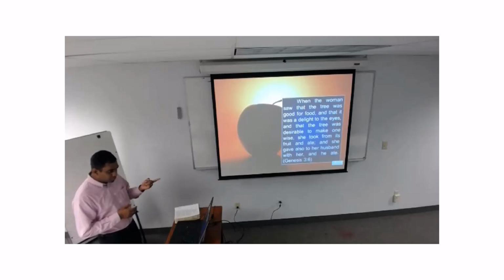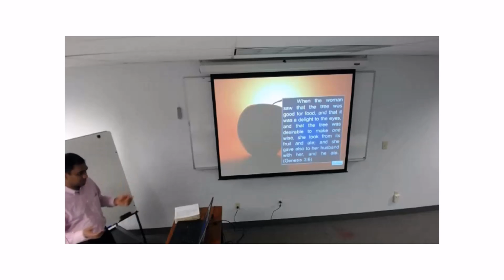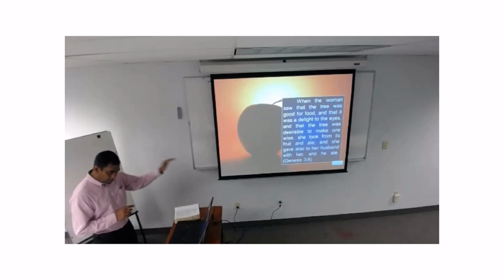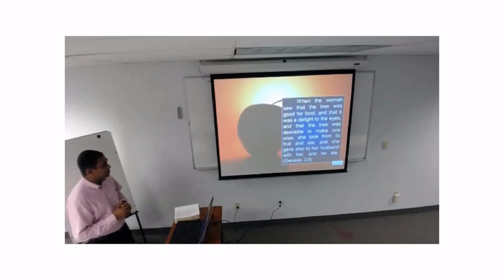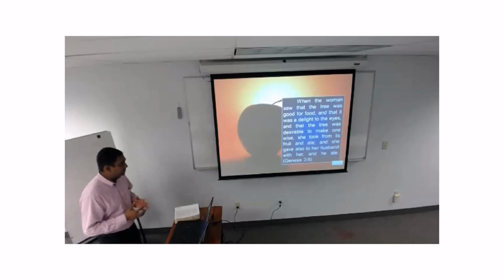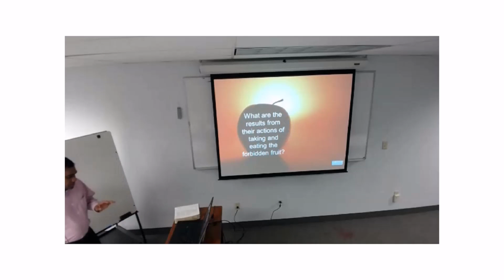And you can see the threefold focus there. She sees it is good for food. It's not that it was the only tree there for food. There were plenty of other trees, but she decided that was a good thing for her. Delight to the eyes, and desirable to make one wise. It's the pride that comes from it, and she takes and eats, and her husband also eats.